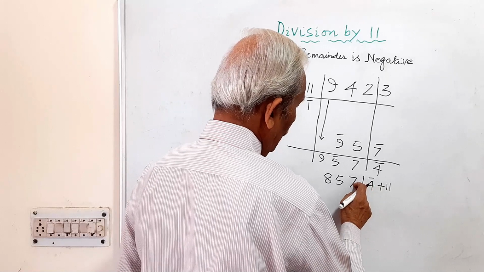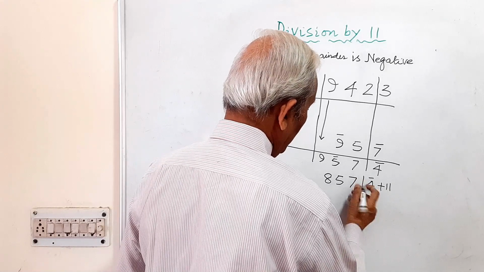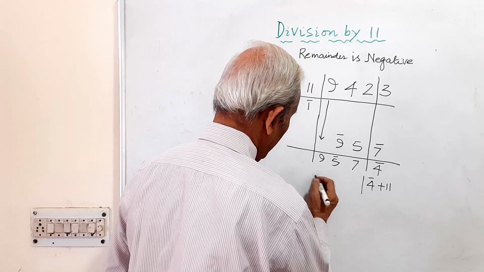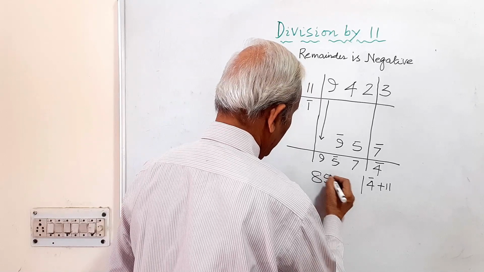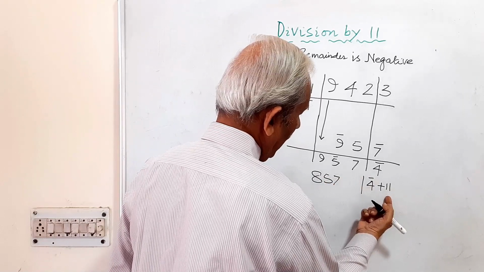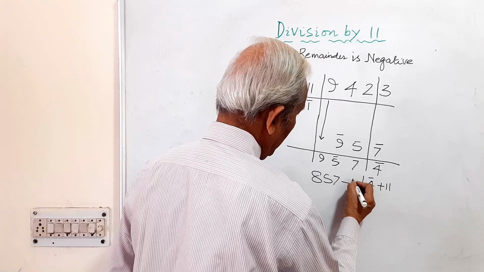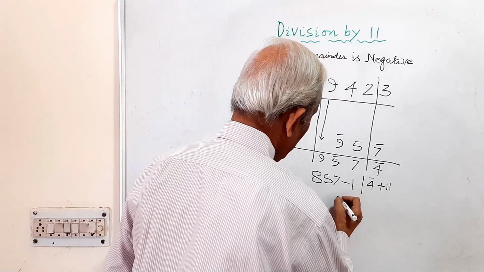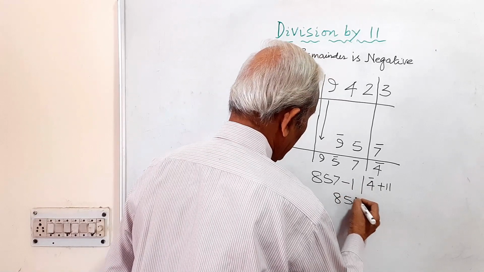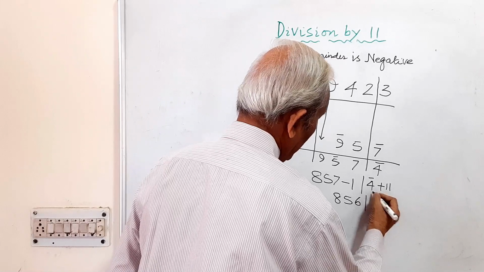Here we take 857, we write it like here, 857. We take 1 out of this, so we reduce this by 1. So this becomes 856, and this becomes 11 minus 4 is 7.